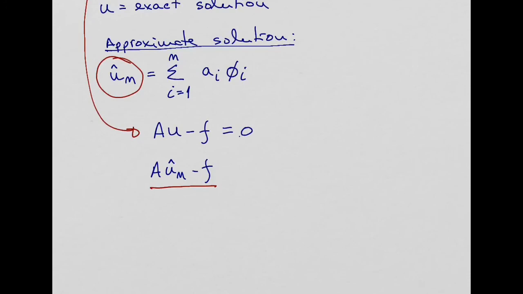So I'm going to say this A u hat minus f, which is the result of replacing the exact solution with my approximation, is not going to be equal to 0, it's going to be approximately equal to 0.